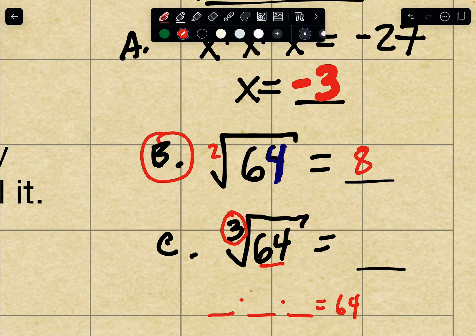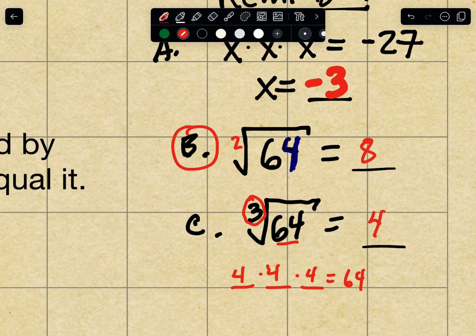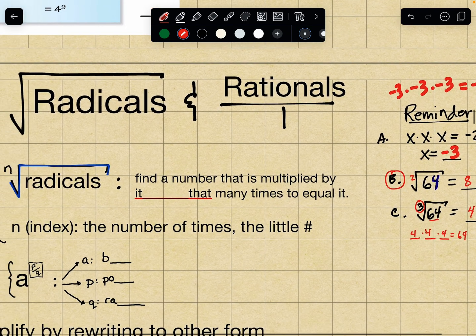Again, trying some numbers in your calculator, you eventually realize that 4 times itself 3 times is 64. Okay? So use your calculator to verify what number you need. And don't worry, you won't need to be picking decimals or those kinds of things. It'll always be a nice whole integer, as we say.